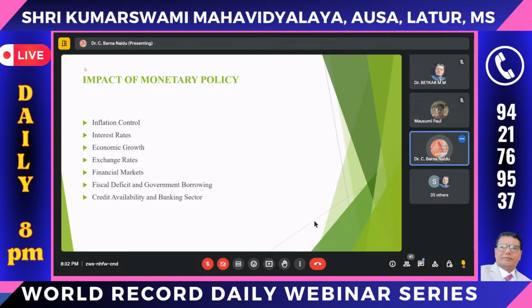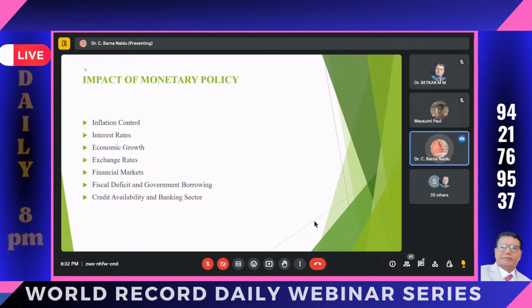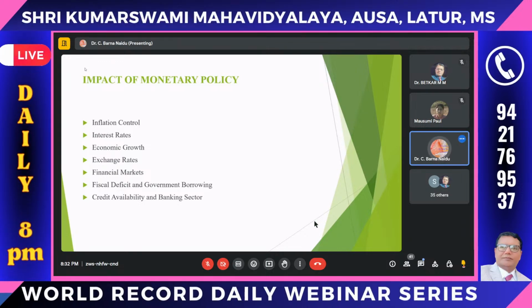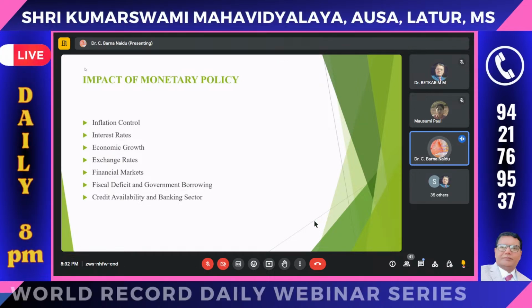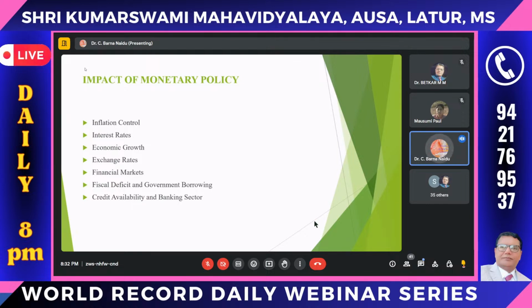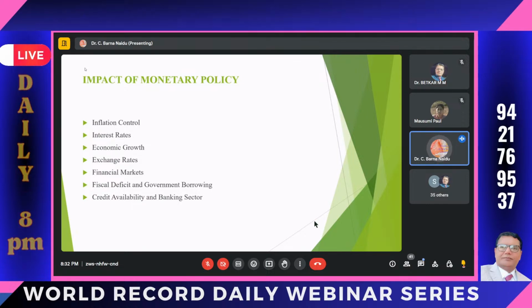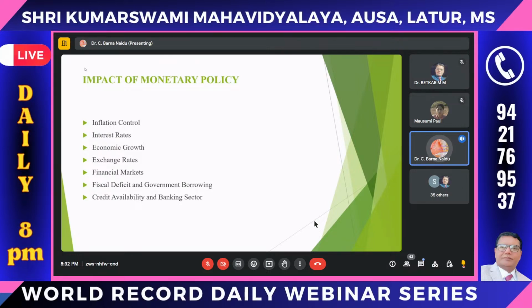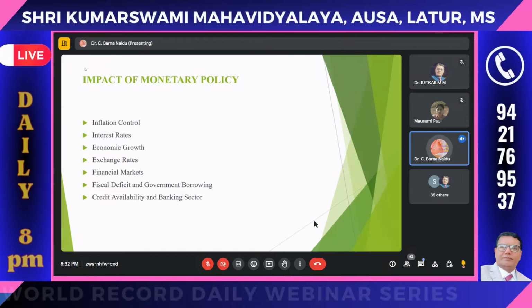Then economic growth. Over here, proper monetary policy can really increase economic growth by making credit more affordable. However, excessive easing might lead to inflationary pressures. Now, when we are trying to have favorable economic conditions, definitely we have to implement both the expansionary measures and the contractionary measures of the monetary policy.